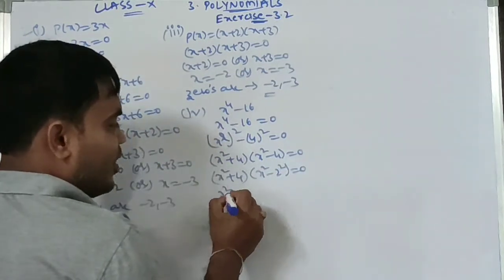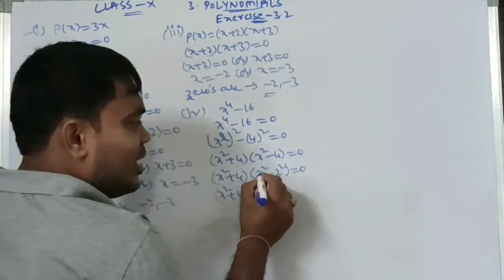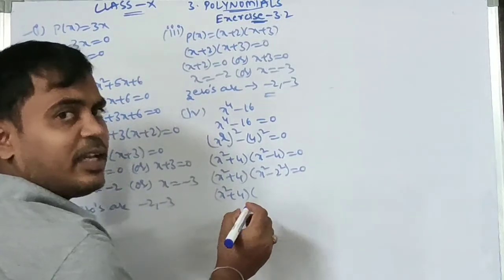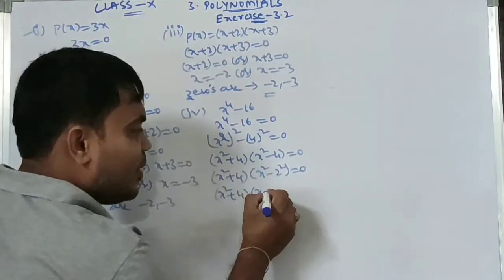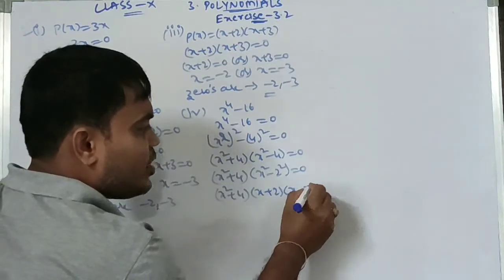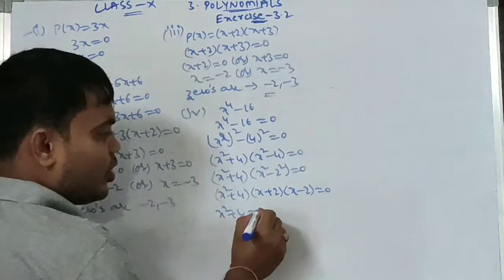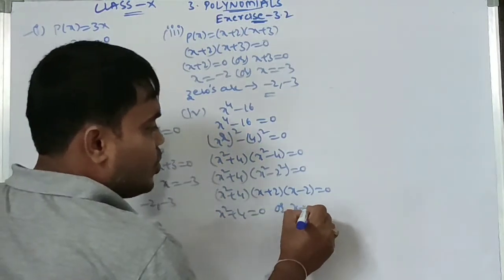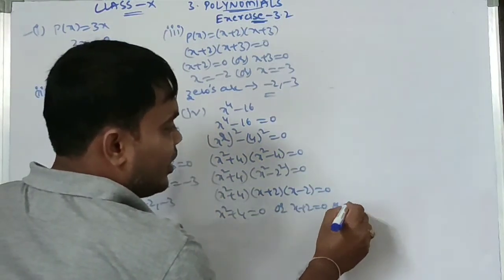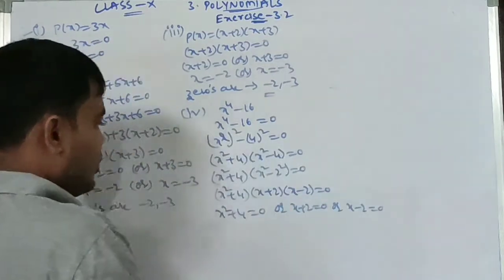So (x square plus 4), and again by the a square minus b square formula, (x plus 2)(x minus 2) equal to 0. So either x square plus 4 equal to 0 or x plus 2 equal to 0 or x minus 2 equal to 0.